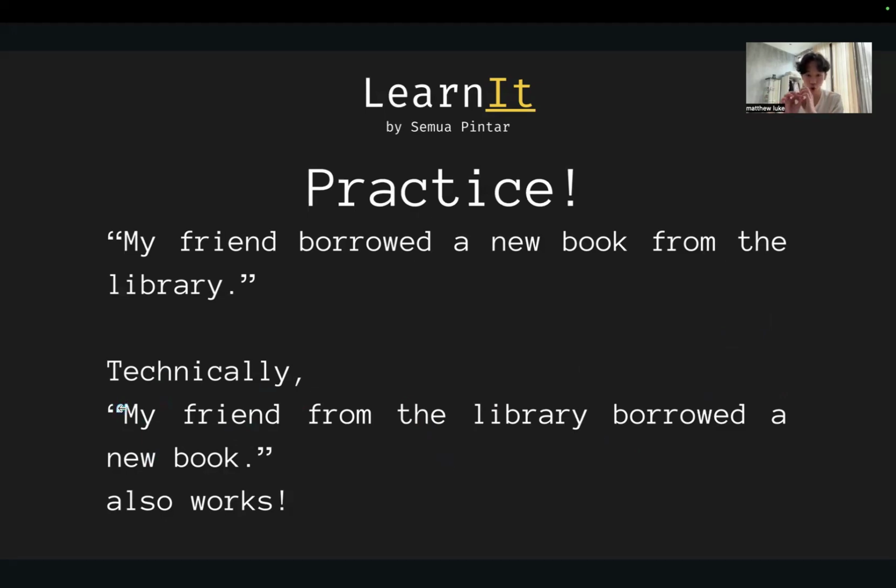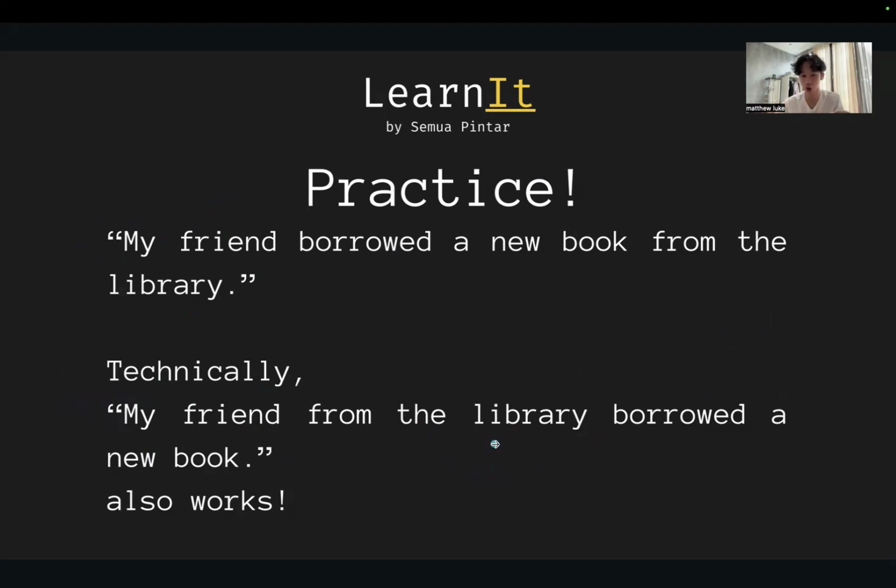So just to outline the differences, we have over here, my friend borrowed a new book from the library. We know that we have a friend, but we don't know where we met the friend. It's not explained over here. But what we do know is where the new book came from, which is from the library. In the second sentence, however, my friend from the library borrowed a new book. We know where my friend came from, being from the library.